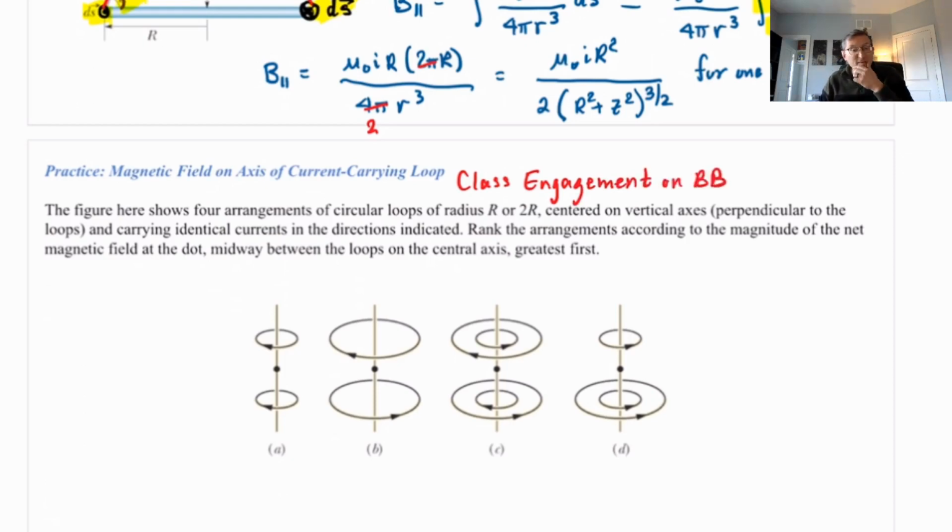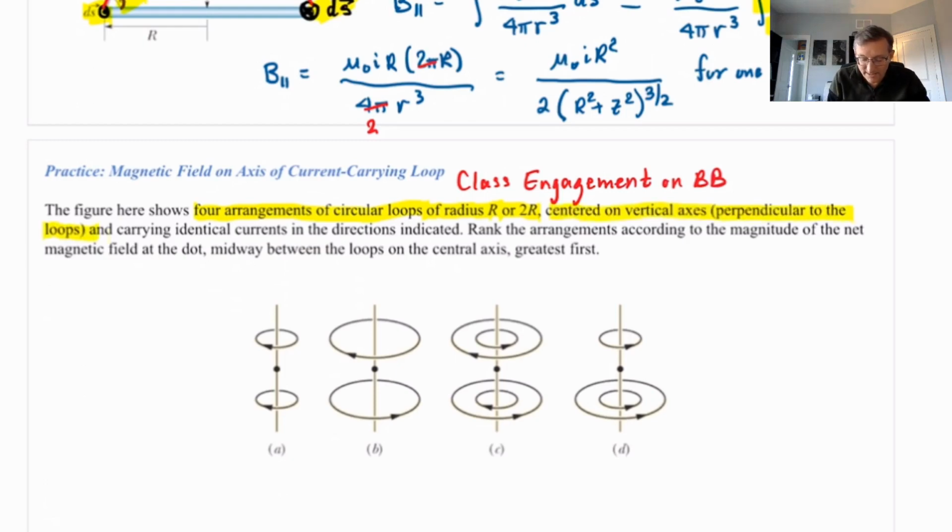Okay, the magnetic field on the axis of a current-carrying loop, what I was just talking about. Let's apply that result to a somewhat more complicated scenario. This figure here shows 4 arrangements of circular loops. And the loops either have a radius of big R or 2 times big R. They're all centered on a vertical axis that's perpendicular to the loops.